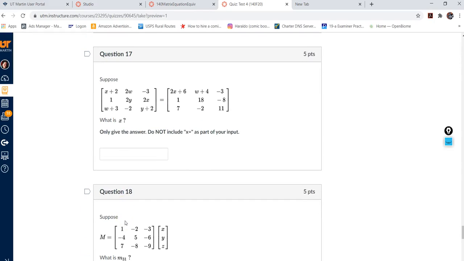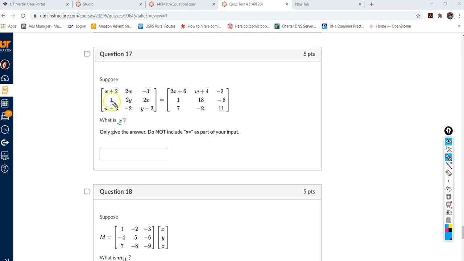All right. For here, we need to know what x is. And we only want the answer, and it specifically says do not write x equals as part of your input. So let's look at this. Okay, now we've been asked for x.